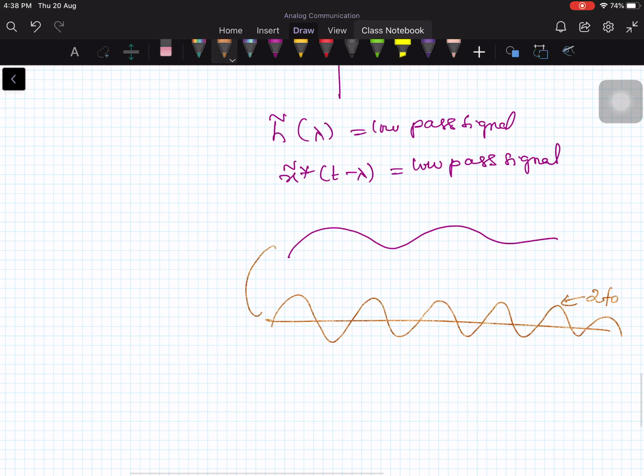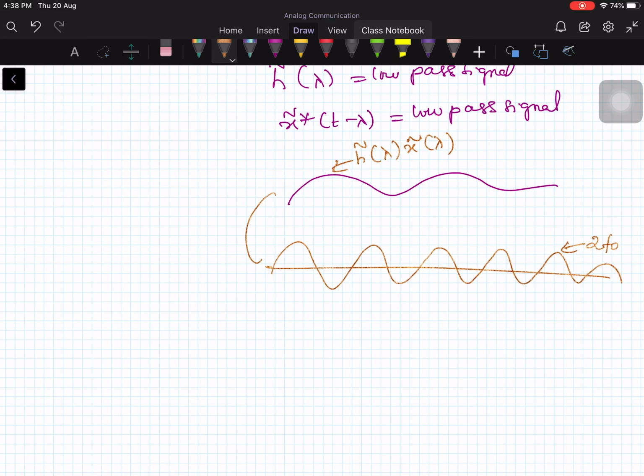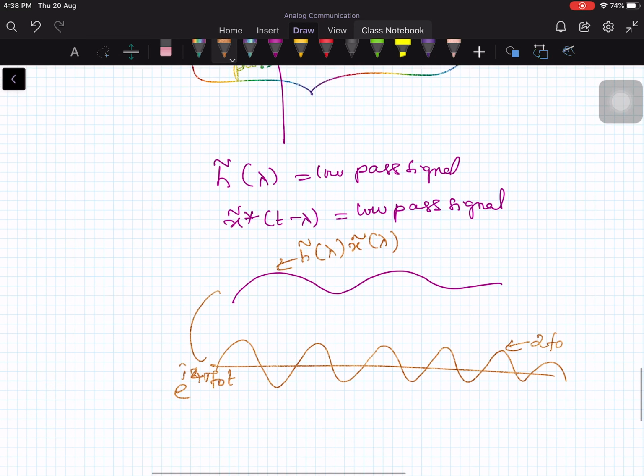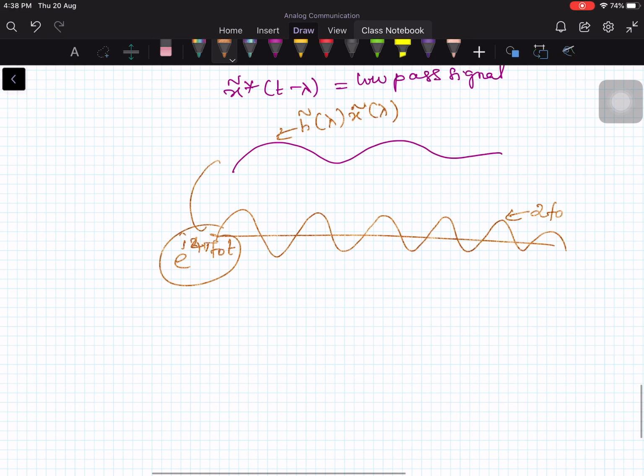Let's say this is your h tilde of lambda times x tilde of lambda, just for the sake of argument, and this is your e to the j 4 pi f naught. You take the real part of this, then you will get this one. Now you multiply this and that: h tilde of t x conjugate tilde of t times e to the j 4 pi f naught t.